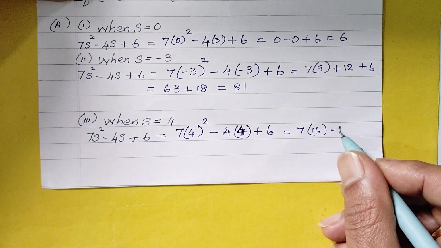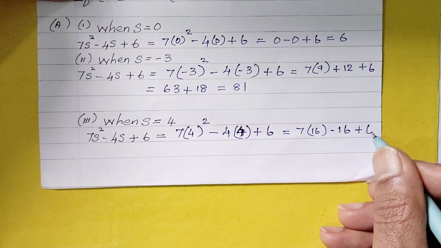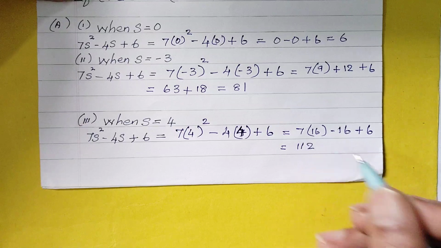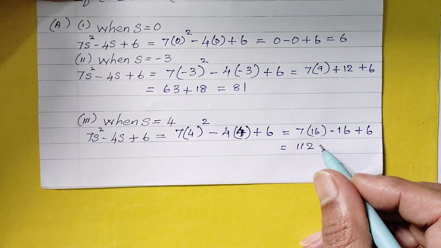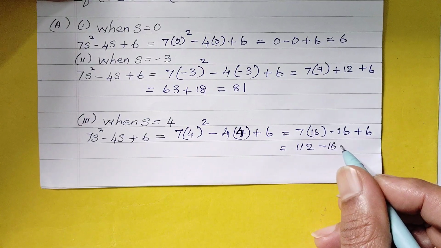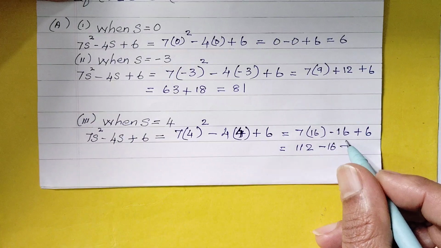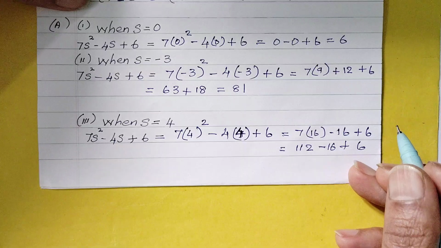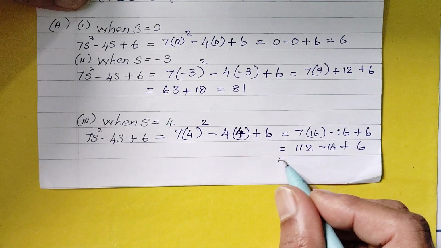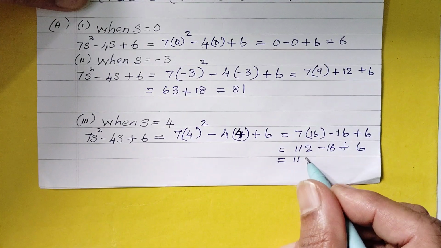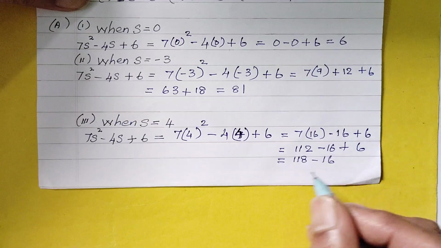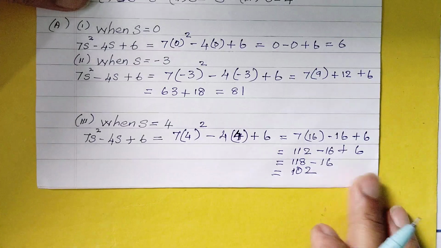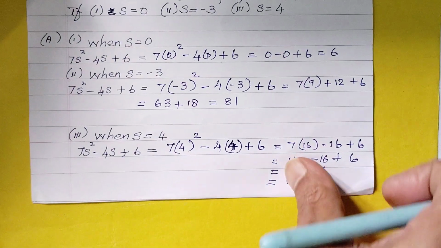So 4 4s are 16, minus 16, plus 6. That's equal to 7 16s are 112 minus 16 plus 6. So if I add these two, we'll get 118 minus 16. That's equal to 102.